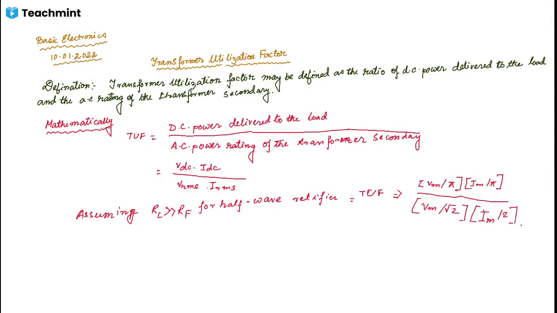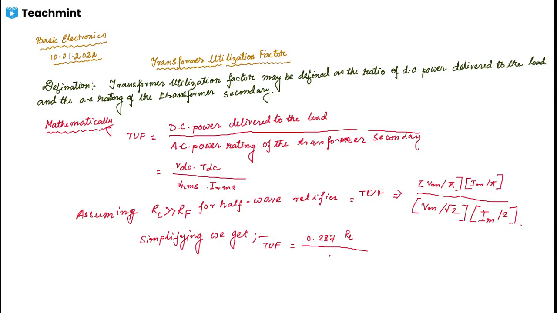So simplifying, we get TUF equals 0.87 RL by pi square.